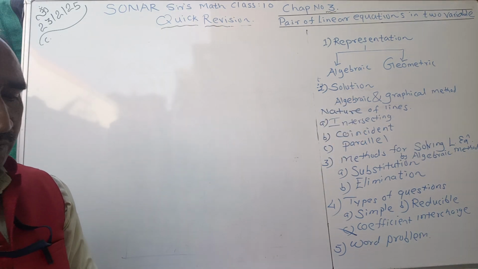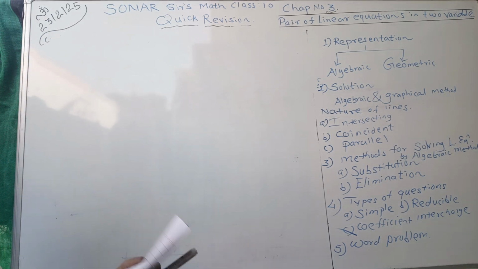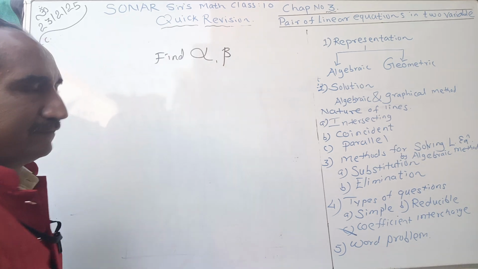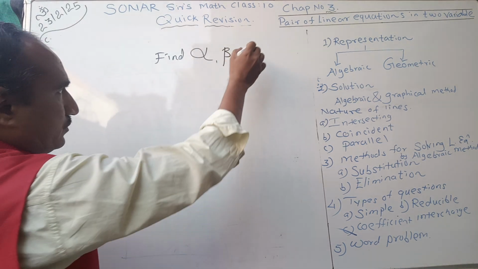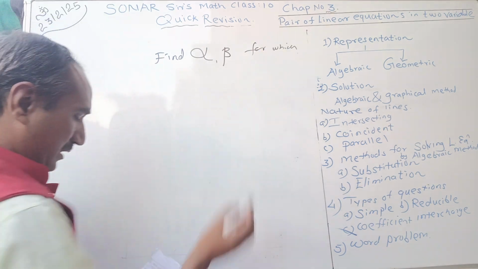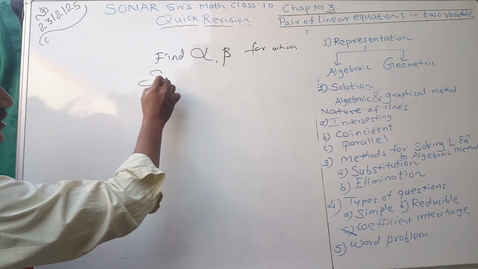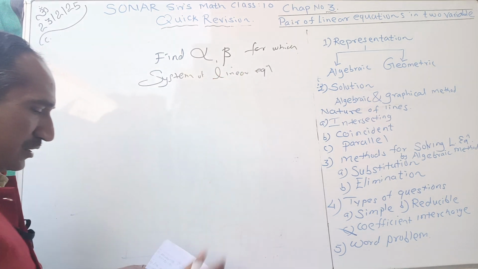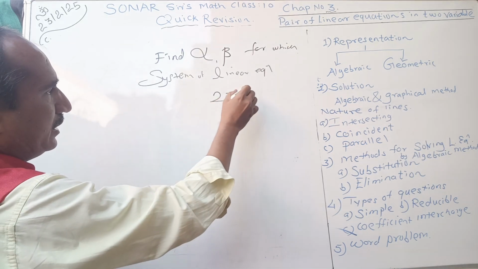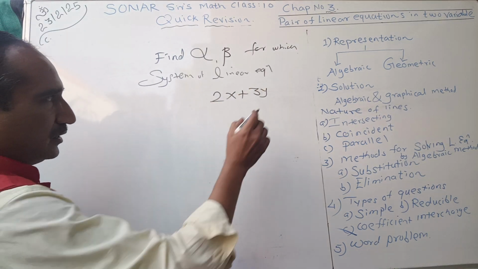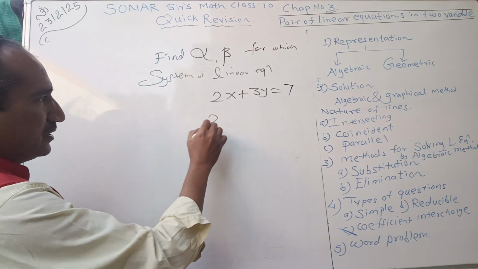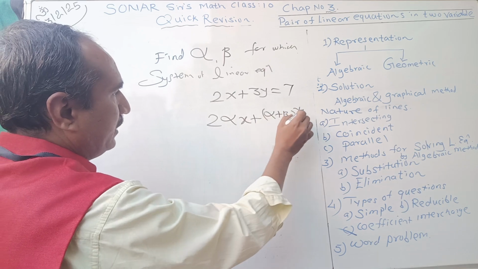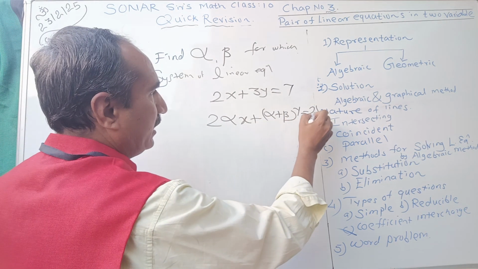Related to that, one question in the previous board exam asks: find the values of alpha and beta for which the system of linear equations 2x plus 3y equals 7 and 2 alpha x plus (alpha plus beta) y equals 28.